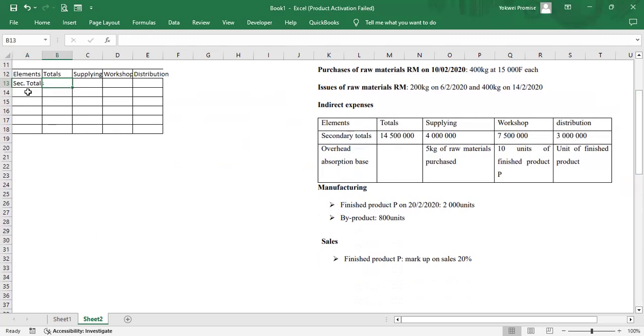The grand total is 14,500,000. Under supply we have 4 million, then 7,500,000 for workshop. Next, distribution is 3 million. What is given next is the overhead absorption base.